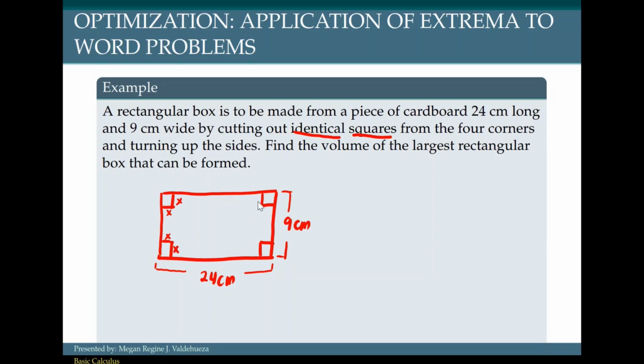Also with this, since they are identical squares that to be cut out from the four corners. So what will happen if we will cut this out and then fold it up, this part, so we can make a rectangular box, right?